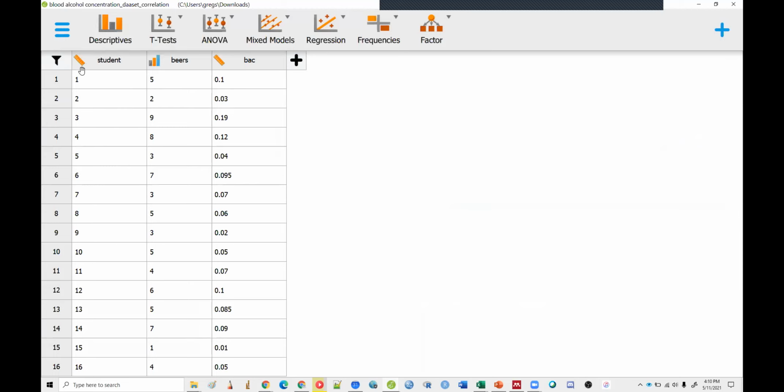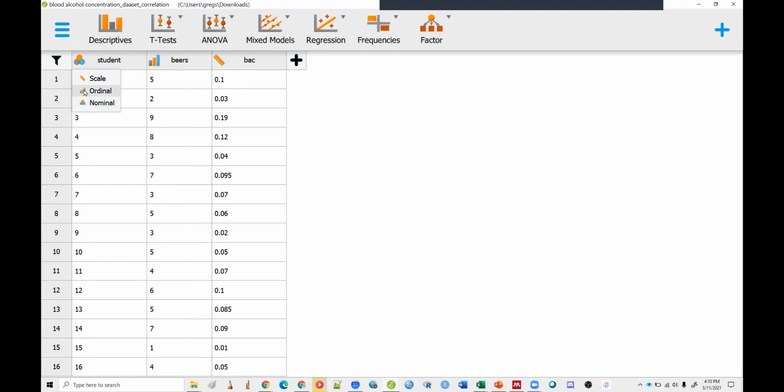The first thing you notice is that there's a variable here called student. We're not going to be analyzing this, because these were just labels given to each of the students in the study. You could have omitted this entirely and it would have been fine. But for the record, this is a nominal type variable, even though they're numbers, because they're just being used as labels to identify the students.